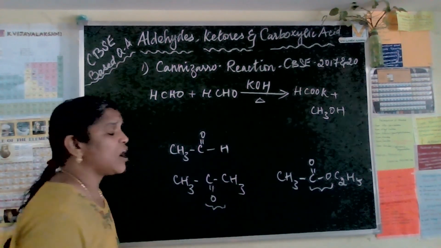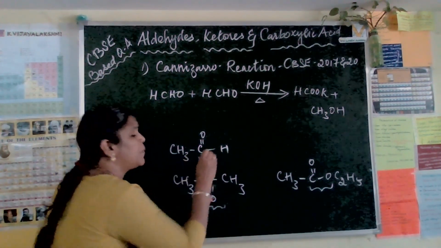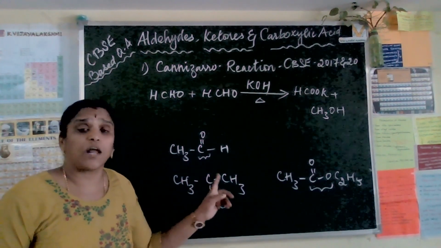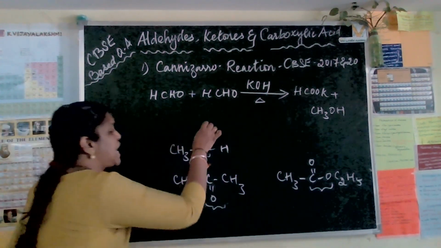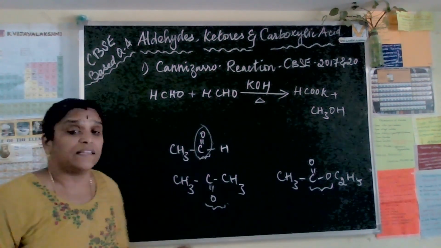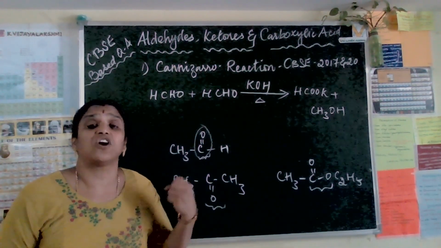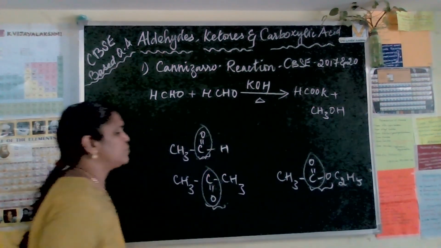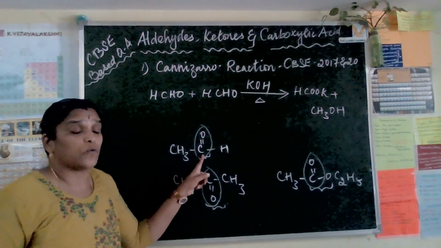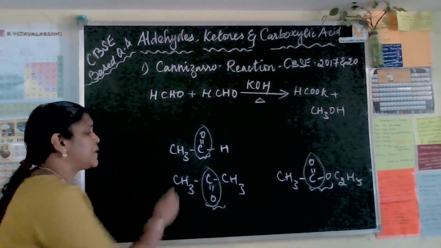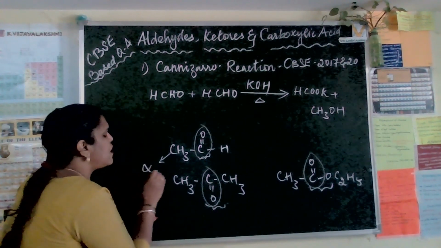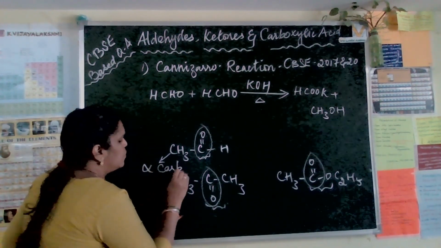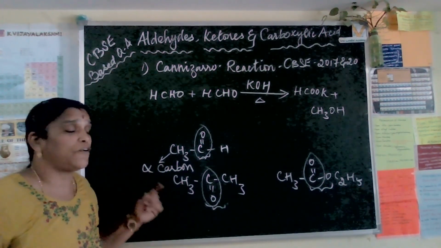So these are all having carbonyl carbon. Carbonyl carbon has a special character, that is, it is an electron withdrawing group. The carbon connected to that electron withdrawing group is called the alpha carbon.